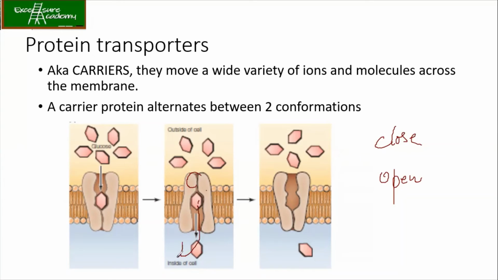Glucose is free now to go inside of the cell. Clear? Then again it is closed and open for the next round of transport. Is this figure clear to everyone? Yes, ma'am. Okay.